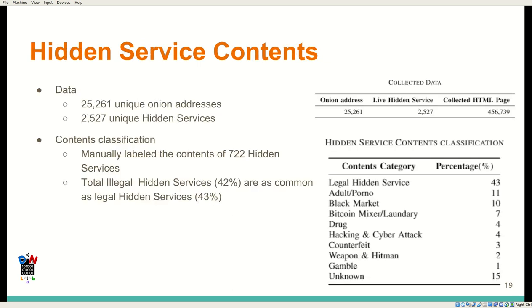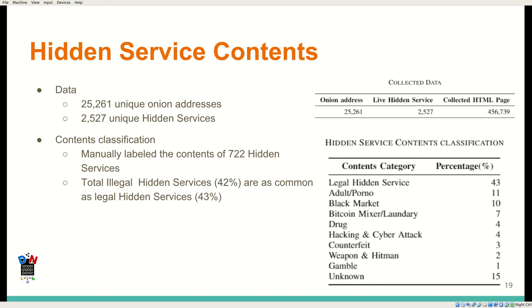Finally, we check the contents and dynamics of the hidden services. From January to May 2018, we collected 25,261 unique onion addresses and 2,527 unique hidden services. We manually categorized the contents of 722 hidden services.